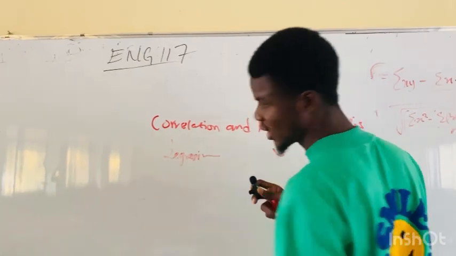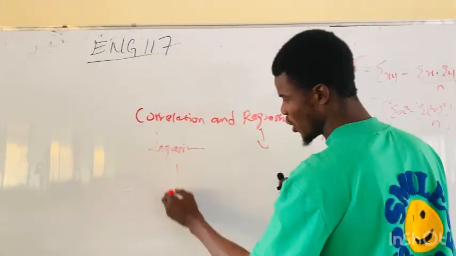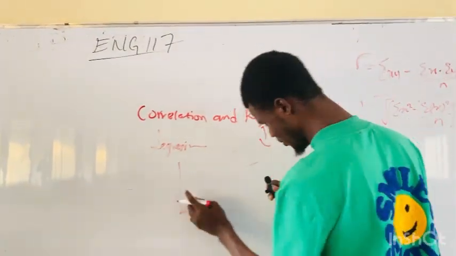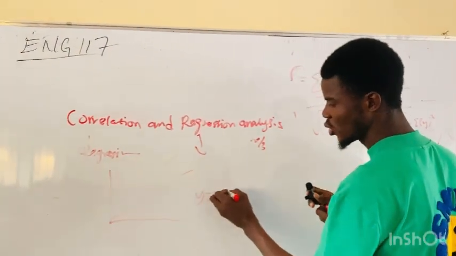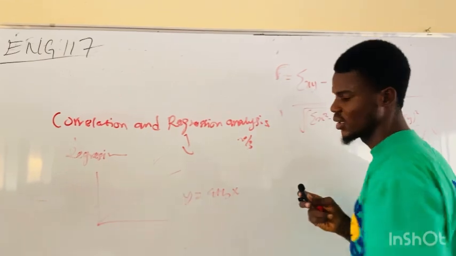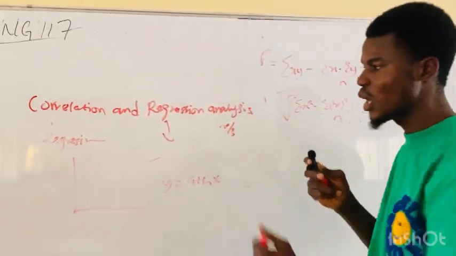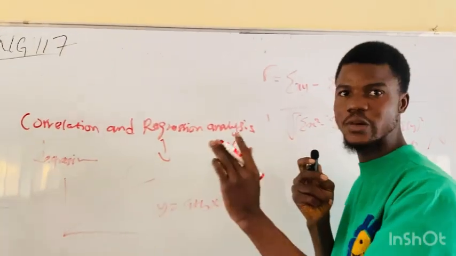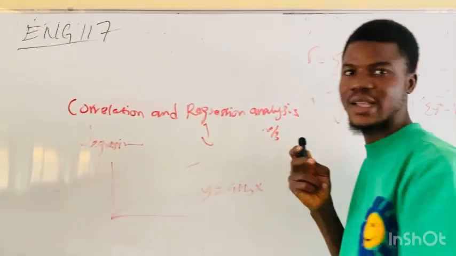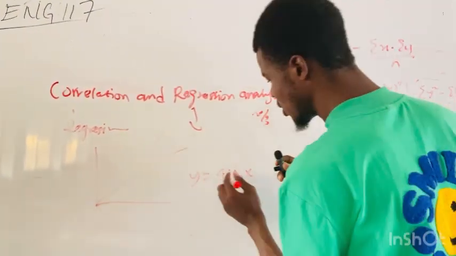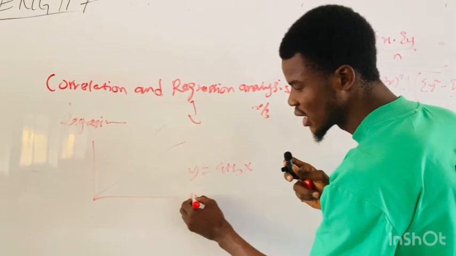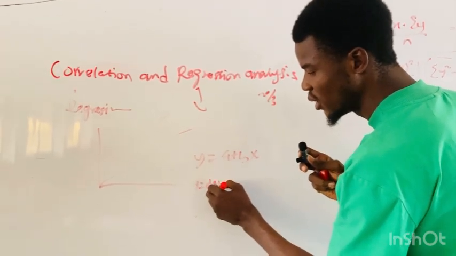So for our regression, we'll be talking about a straight line. I've already said, when we are talking about the slope and gradient of a straight line graph, we are going to have our y equal to a plus bx. So that's what we'll be using here, because we are measuring the strength of two variables along the straight line axis. In which our y is our dependent variable.